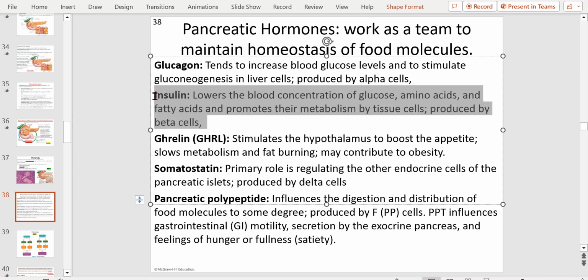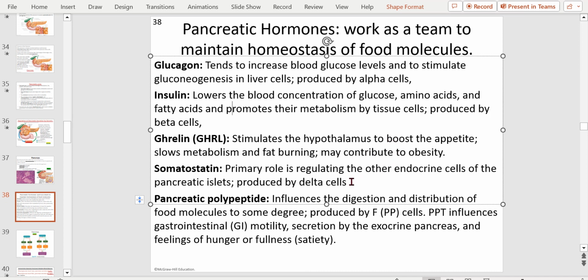We'll get more into this one when we get into type 1 and type 2 diabetes for sure. Ghrelin, GHRL, stimulates the hypothalamus to boost the appetite, slows metabolism and fat burning, and may contribute to obesity. Somatostatin's primary role is regulating the other endocrine cells of the pancreatic islets, and is produced by delta cells.